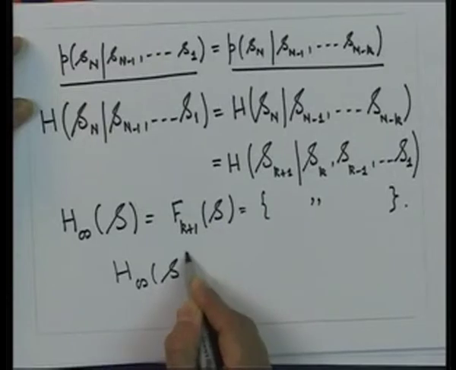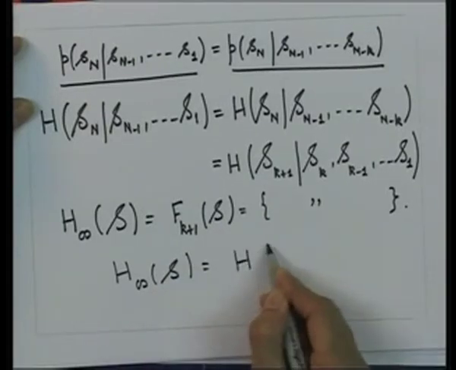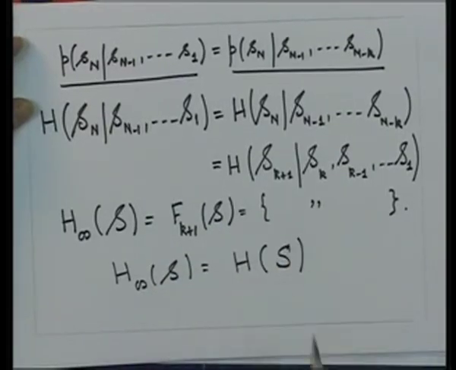For a zero memory source, k is equal to 0, and in that case H infinity S is nothing but H of S.